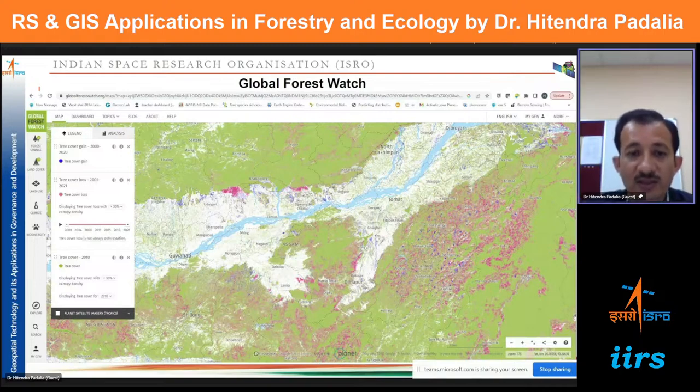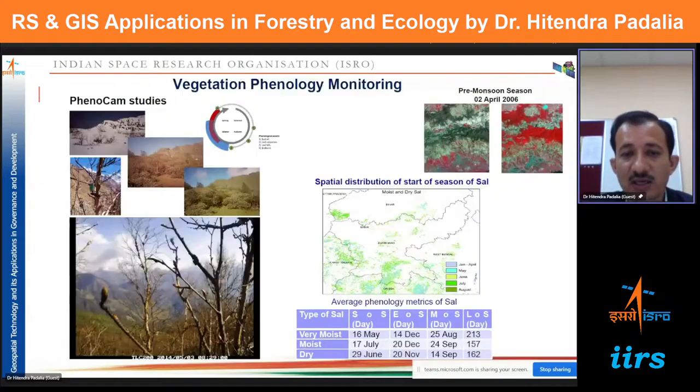Then the other aspect of forestry and ecology: grassland and forest change seasonally, and in different seasons they undergo certain changes. In some forests these changes are quite prominent, like deciduous forest, where leaf fall happens at a particular time period and the new leaves come at a different time period. So this is a very critical aspect of forest ecosystems, that they undergo seasonal changes because the environment is like that.